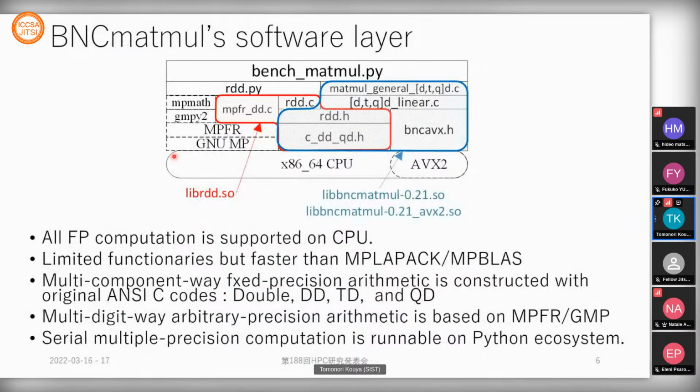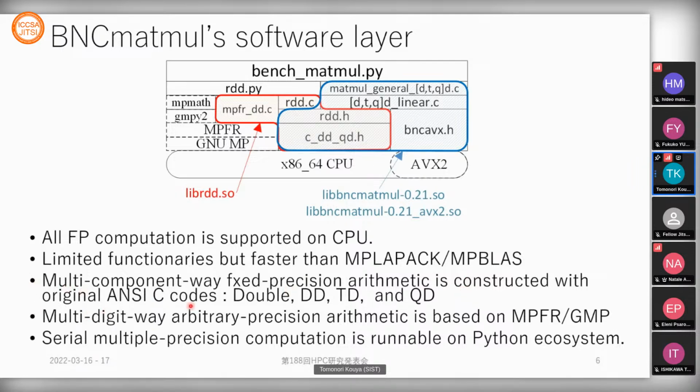This figure shows the software layer of our BNC MatView software library to compute multiple operation linear computations. All our floating point computation is supported on CPU, and this library's functionalities are limited, but they are faster than MPLAPACK and MPLUS libraries by Nakata at Riken.